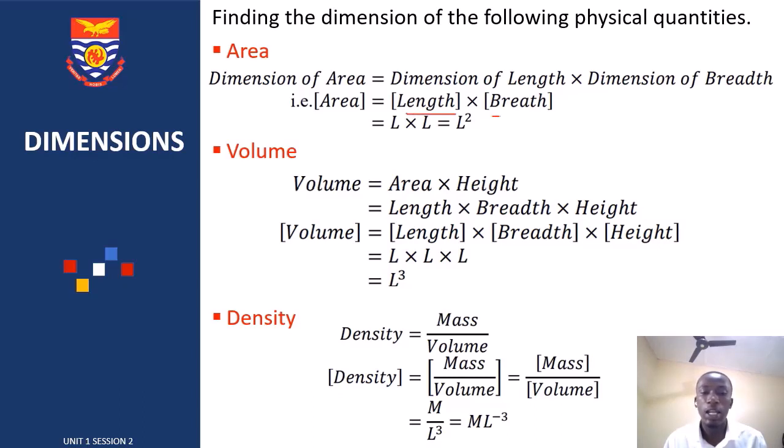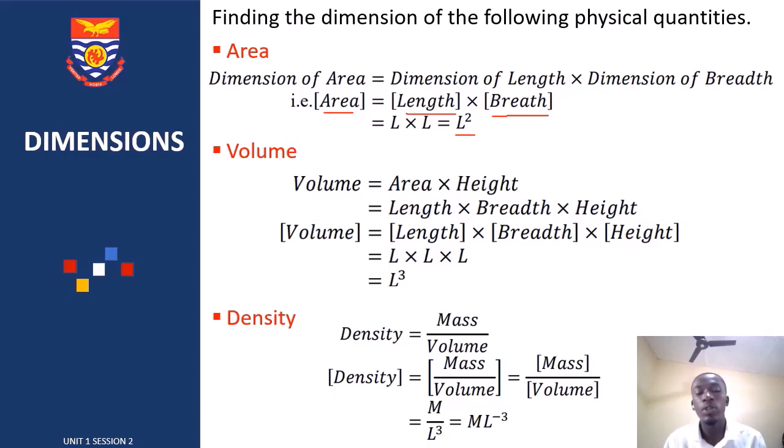Length is represented by big L, and breadth is also represented by big L, because they are all distances. When you multiply big L times big L, we get L squared. So the dimension of area is L squared.